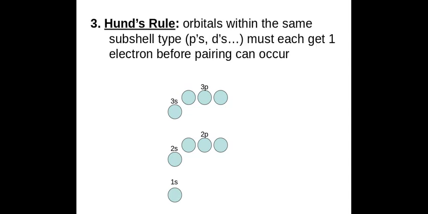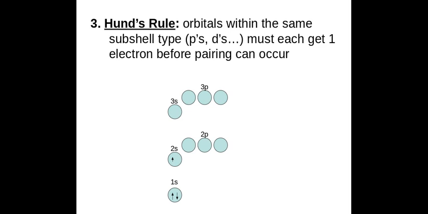Hund's rule says that the orbitals within the same subshell, so if it's a p subshell like we have here, or a d subshell if I kept drawing them here, must each get 1 electron before pairing can occur. So let's look at how this would look. If we put 1 electron, it would show up in a 1s orbital. 2, they both fit in that 1s orbital. 3 electrons, we need to put 2 in the 1s orbital and 1 in the 2s orbital.